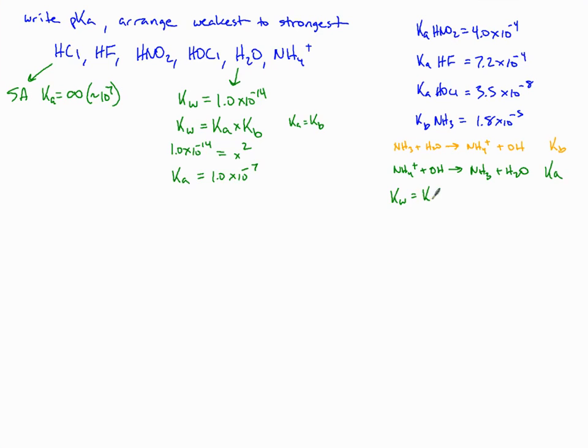Kw equals Ka times Kb. So our Ka value here is found by dividing the equilibrium constant of water by the Kb, which we're given, 1.8 times 10 to the minus 5th.